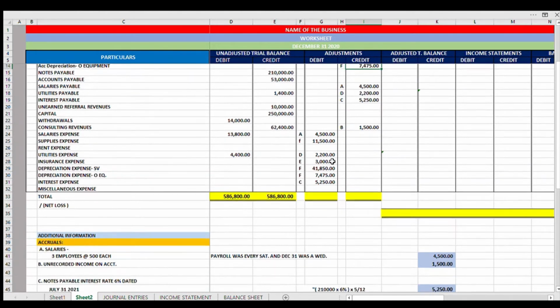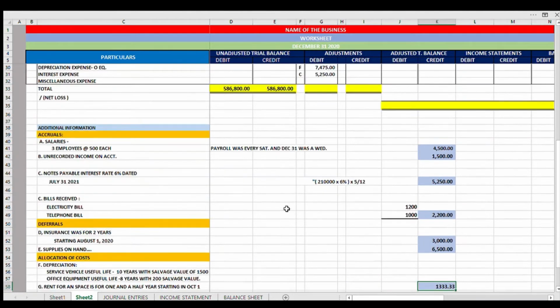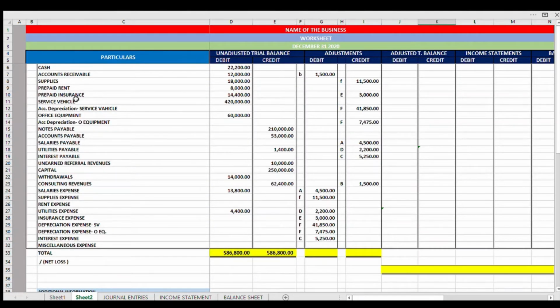And lastly, the rent for an space is for 1.5 years starting October 1. So, based sa ating computation, ang expired portion ay 1,333.33. If we will look at the account, now we have a prepaid rent here, 8,000.